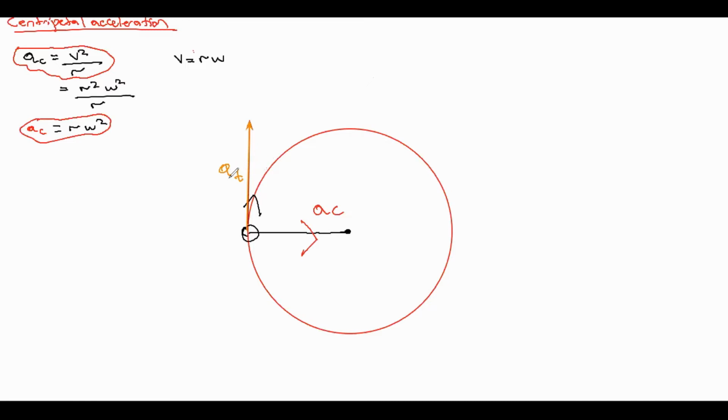Now, the thing with tangential acceleration is, let's say I am at point A, and now I'm at point B. I'm going to make this arrow smaller. Now pay attention, I'm going to tell you why. This is my arrow, my tangential acceleration. Now this is my arrow at point B, and this is also my tangential acceleration.